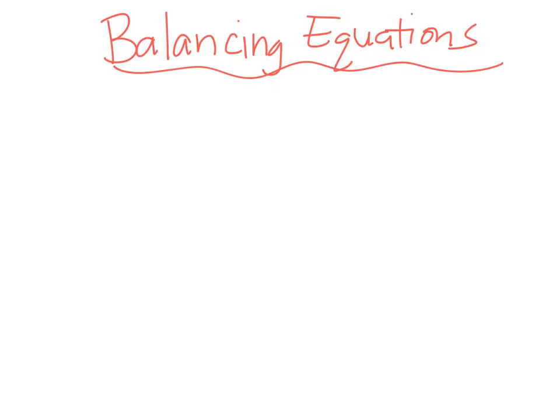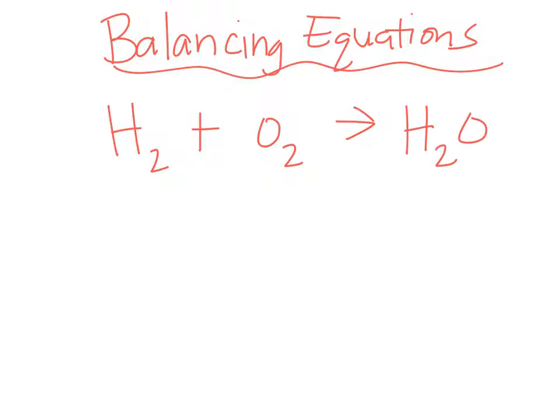All right, so let's start off with this chemical reaction: H2 plus O2 makes H2O. Remember, all these things on the left side of the arrow are called reactants. On the right-hand side, we call these products.